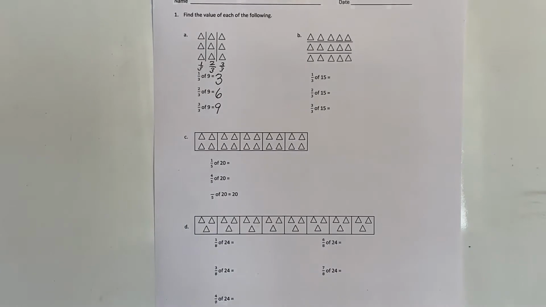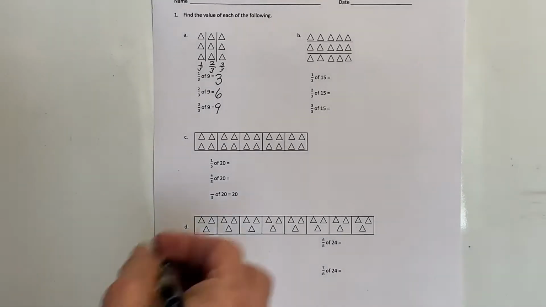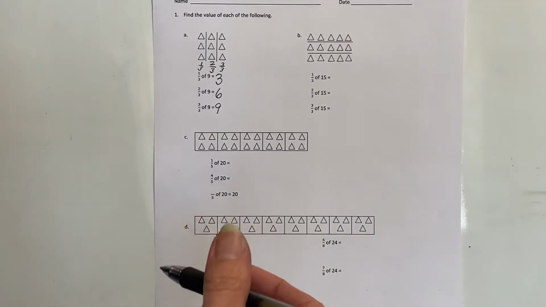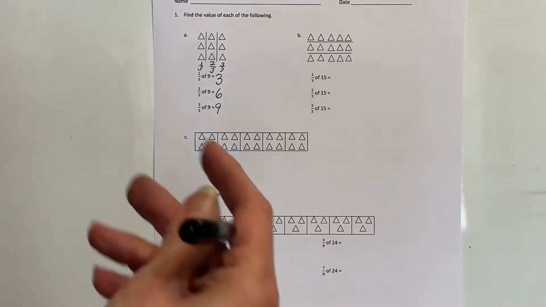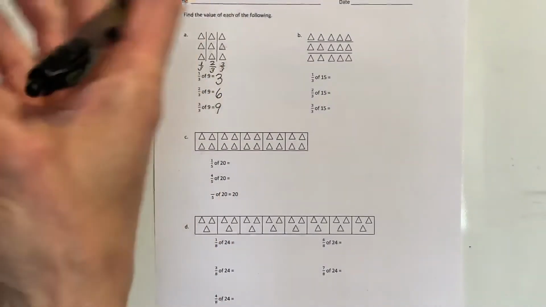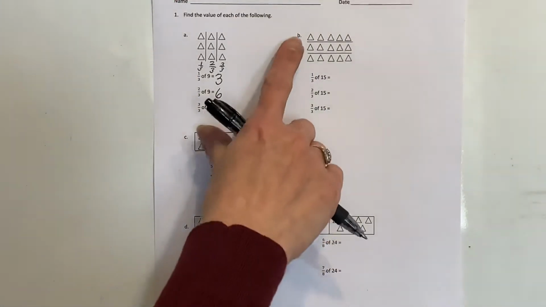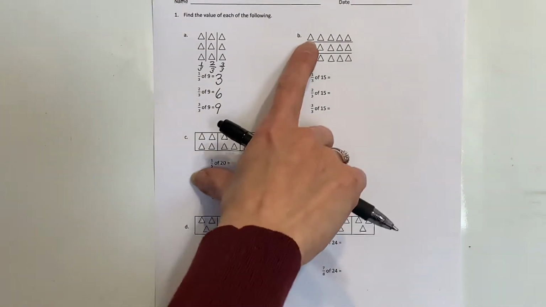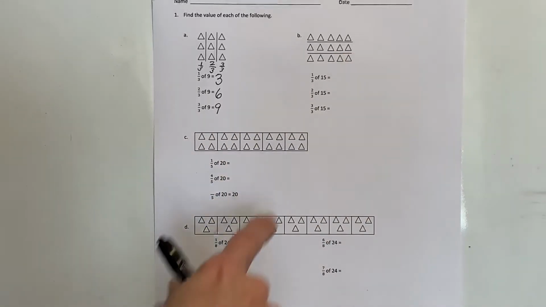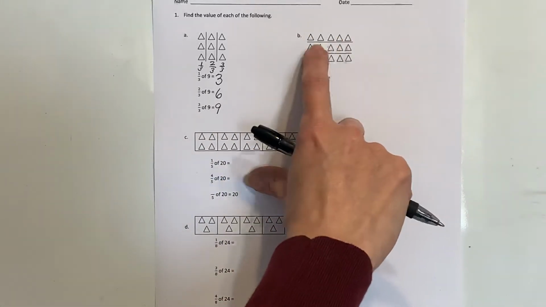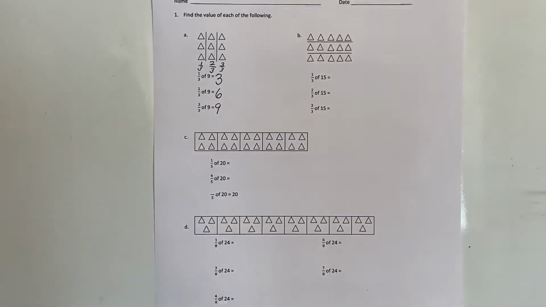But they just have the rows done a little differently. We could draw it the other way. It's kind of like the idea of fact families. 3 times 5, 5 times 3. Okay, so they've got the lines here to divide them into 3 equal groups. So we've got 1 group, 2 groups, 3 groups.